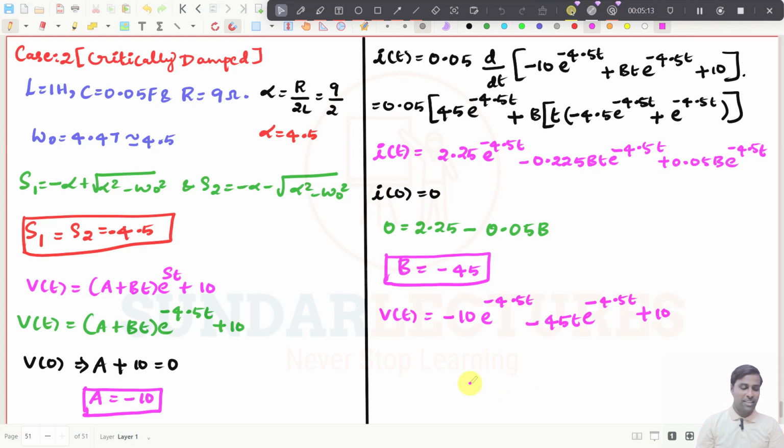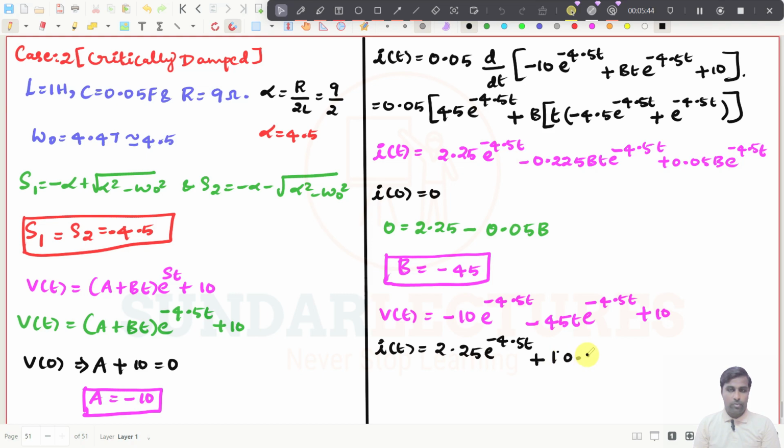This is the expression. And if you are simplifying, going for the I of t expression, I will try to solve that too. So I of t can be written as 2.25 e power minus 4.5t, which is already there, and then if you multiply minus 45 with this term, you will get plus, since there is already a minus.